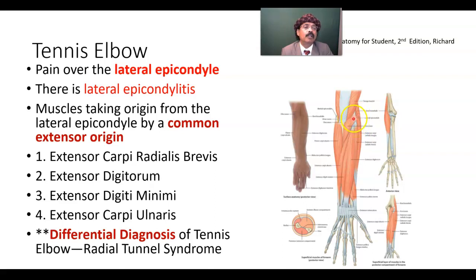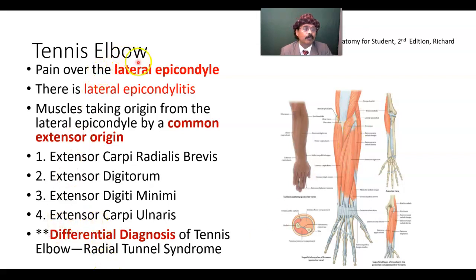From the lateral epicondyle, we also get the origin of the anconeus muscle, a weak extensor of the elbow joint. Plus, we have the extensor carpi radialis longus. Part of it also takes origin from the common extensor tendon. The brachioradialis usually comes from the lateral supracondylar ridge area, not from the common extensor tendon.